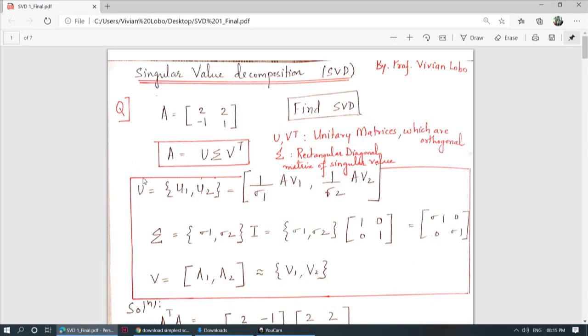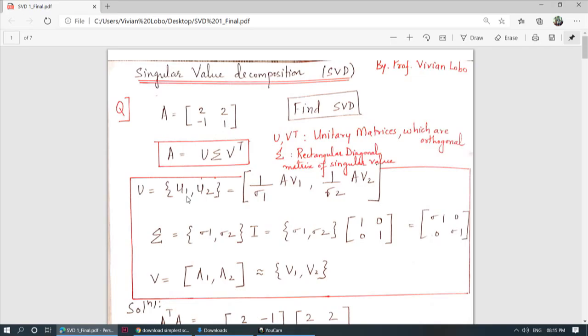So the formula to calculate U, which is one of the unitary matrices, is nothing but U1, U2. Now U1, U2 basically depends upon the dimension of the matrix. Because it is a 2 cross 2 matrix, we consider U1, U2.